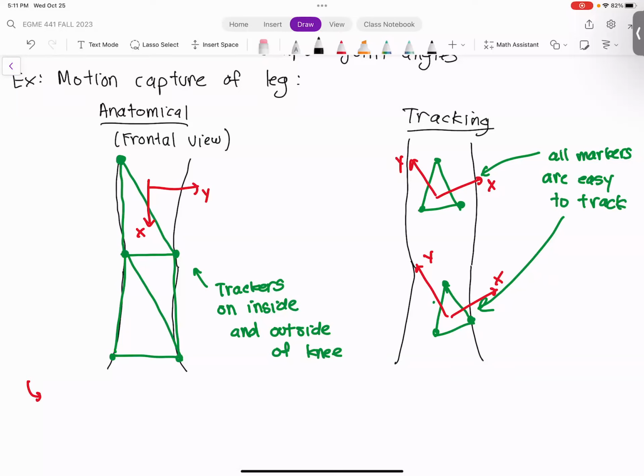And so eventually what you're going to do, and this is usually done in the beginning stages of the mocap, right? If you've ever watched videos of people doing motion capture, what you'll see is that in the beginning, they have to calibrate the machine, right? And so what that basically means is that the person stands in a certain position so that all of the markers are visible, okay?